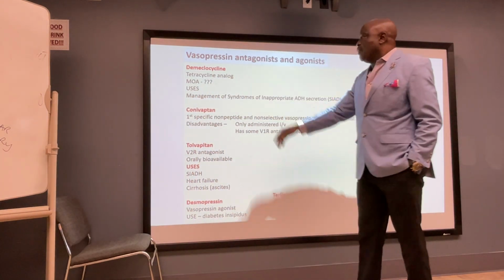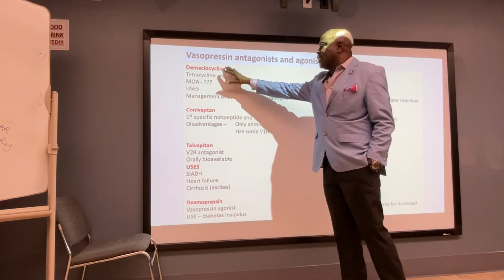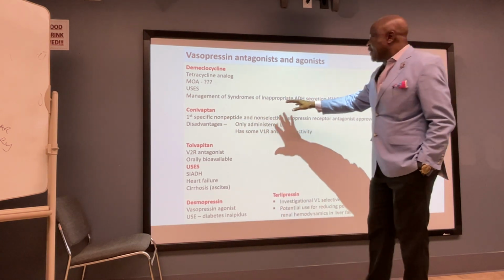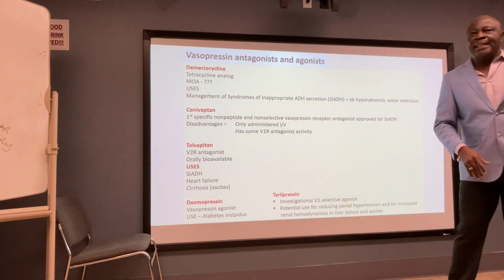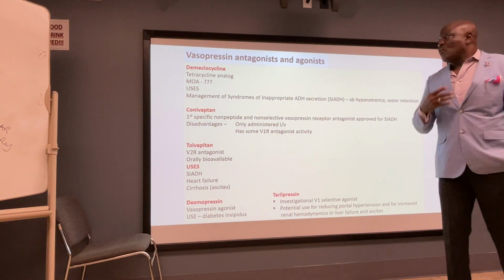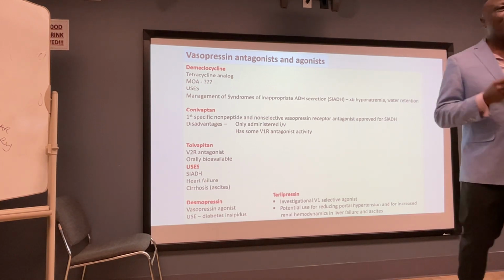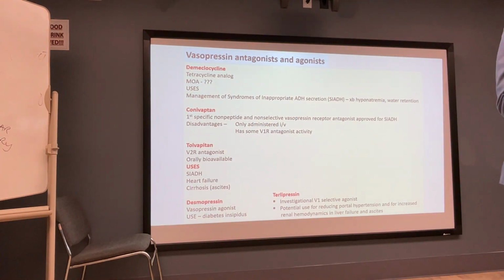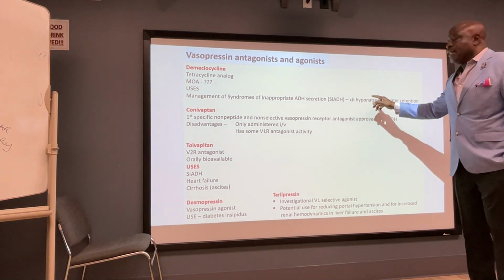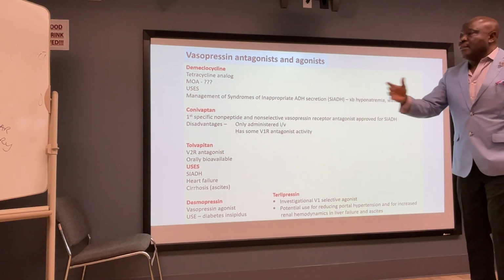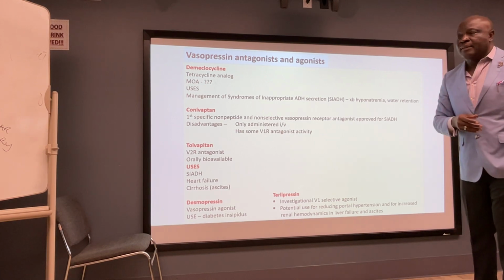demeclocycline is the first of the agents. We don't know the mechanism of action of this, but it is used in the syndrome of inappropriate ADH secretion.